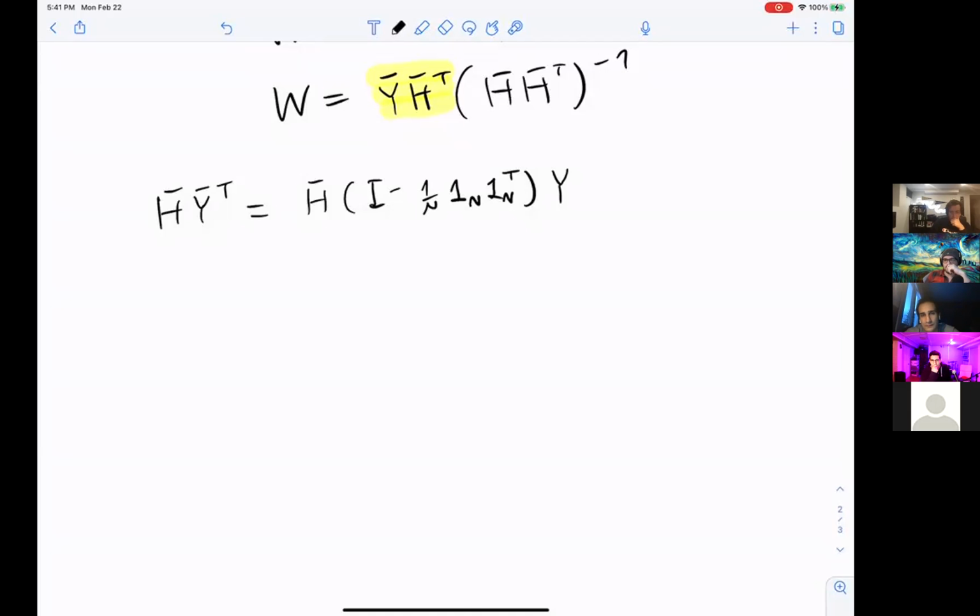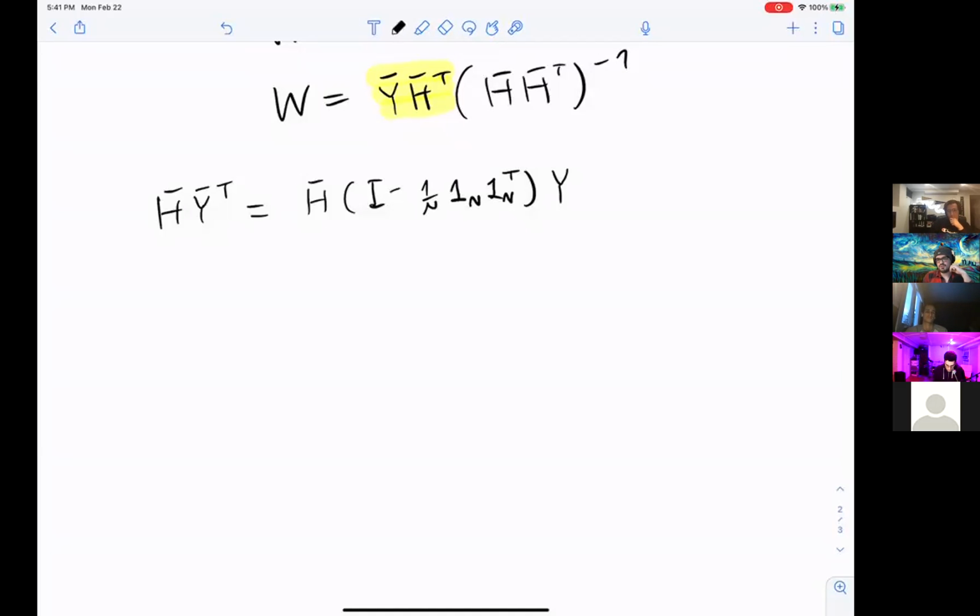Definition of y bar. Yes. So one of them is itself, the other one is the center. Yeah, that's one way of putting it. Yes, that is correct, Neo.